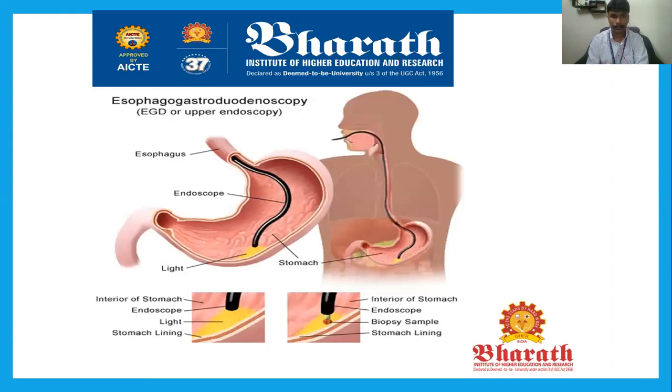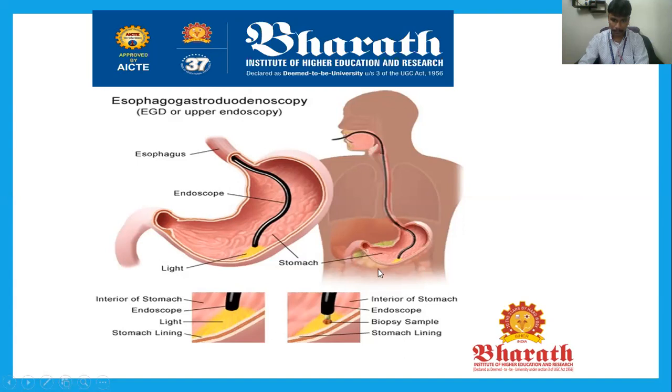And this is known as esophagogastroendoscopy, where the intestine part and stomach part will be captured by using the endoscopy. Through the mouth opening, a fiber optic tube is being inserted into the abdomen part of the stomach.